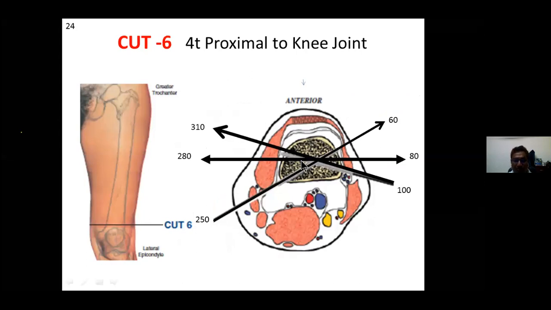Introduction of the transosseous wires in the lower third is relatively safe, except posteriorly. Transosseous wires can be placed 310 to 100, 80 to 280, bisecting these wires and these wires. That is 60 to 250, 100 to 300, 310, and a third wire between 80 to 280 degrees.